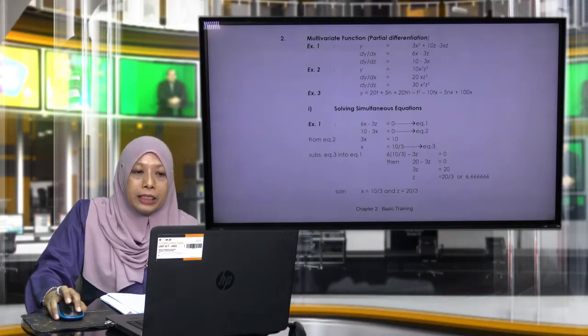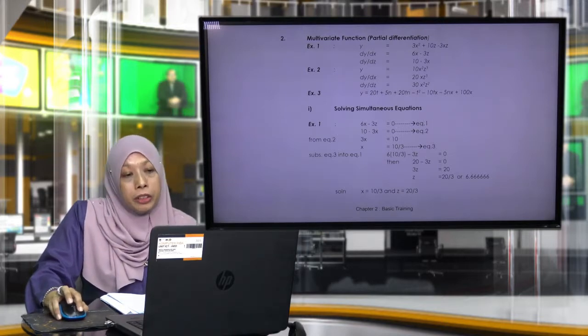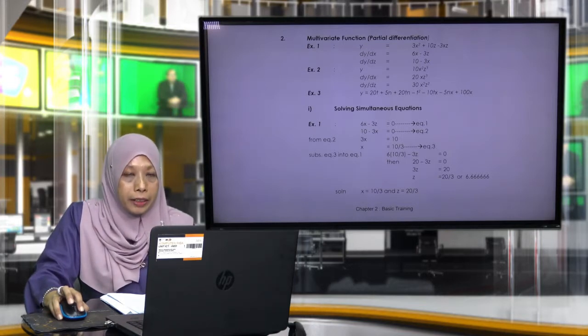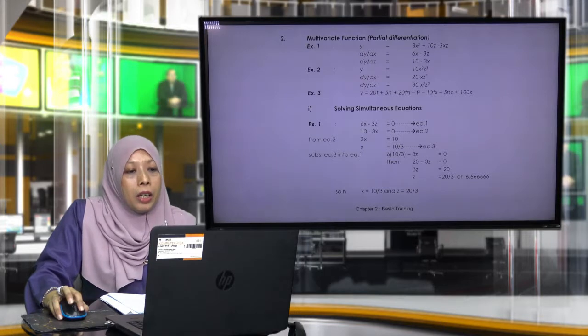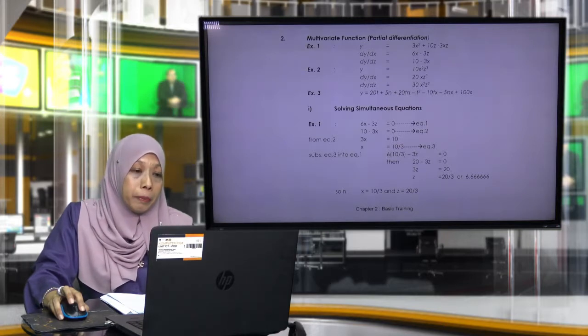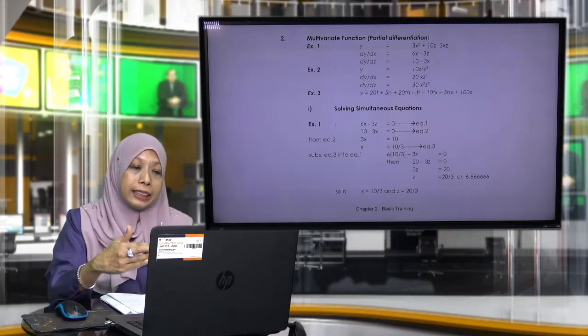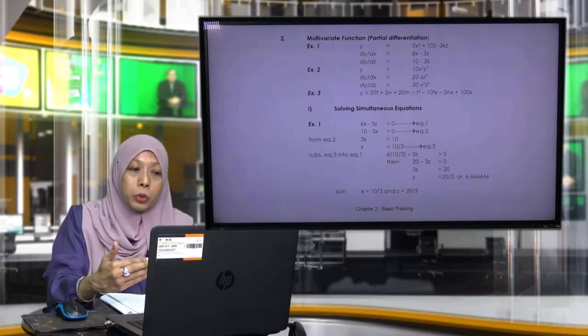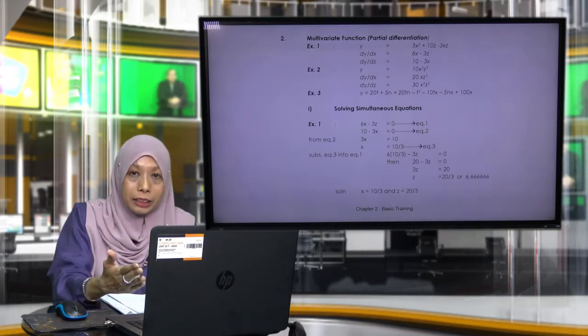Again, this is a multivariate function, so to differentiate it you have to use the partial differentiation technique. You have to differentiate with respect to each of the independent variables. Since we have x and v, you are required to differentiate with respect to variable x first.